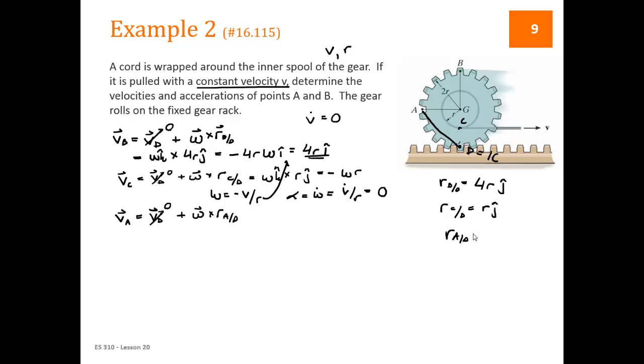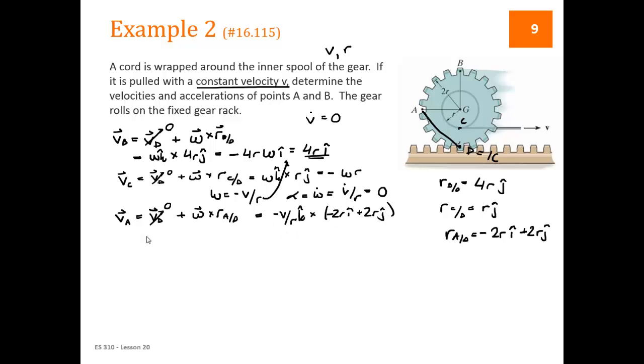Alright, so we're going to go in the negative I hat direction 2R, and in the positive J hat direction, we're going to go 2R. So we know what omega is. Omega is negative V over R. So negative V over R K hat crossed with negative 2R I hat plus 2R J hat.